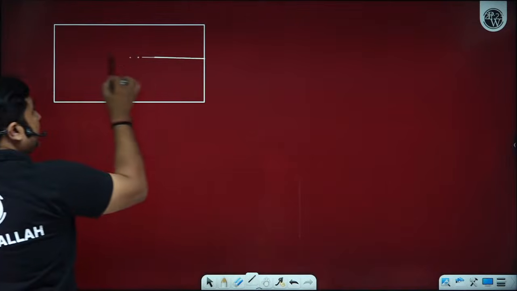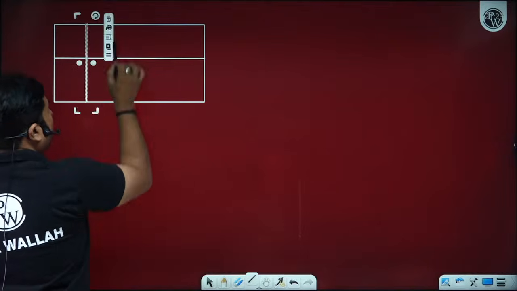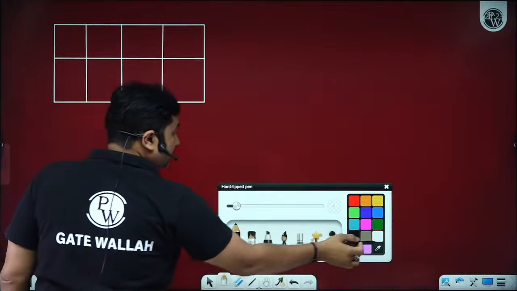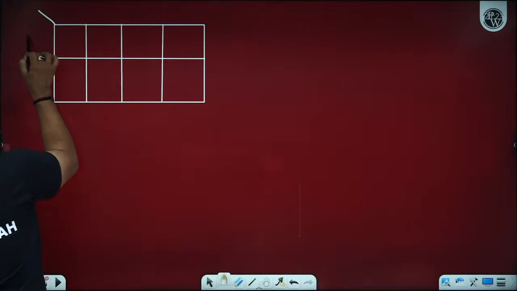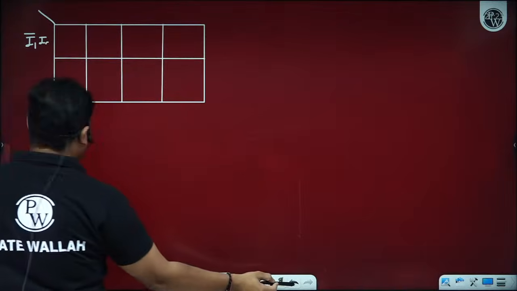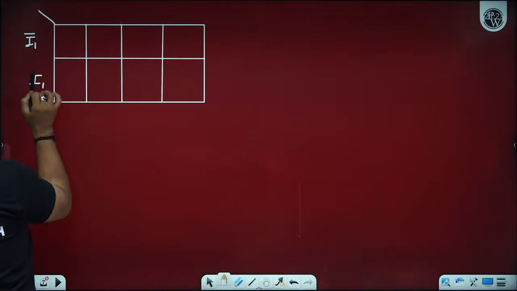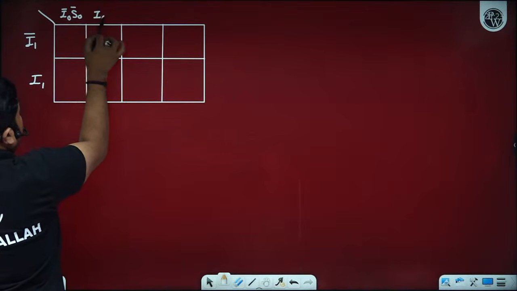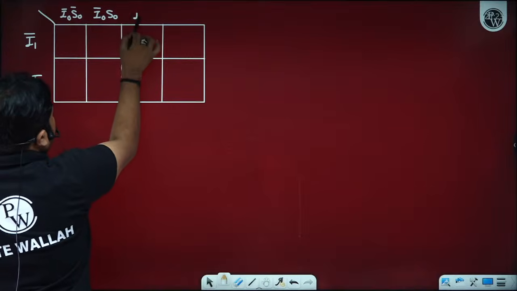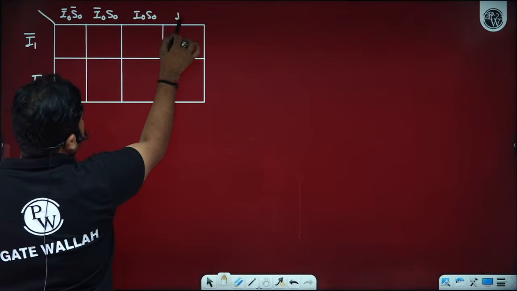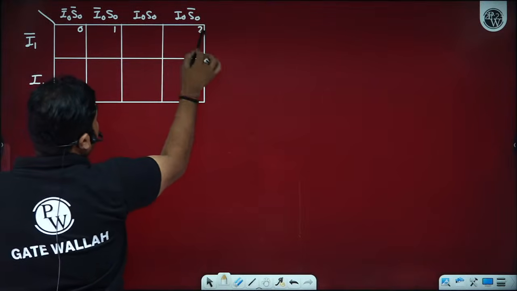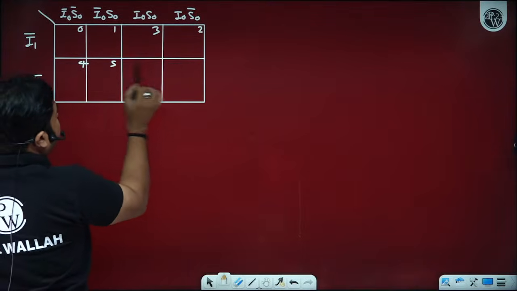Please observe very carefully. There is one more approach to write the logical expression, but let's go with the conventional one first. Now we have I1 complement I0 complement, I1 and I0 complement, S0 complement, S0, I0 S0, I0 S0 complement. So we have the numbering 0, 1, 2, 3, 4, 5, 6 and 7.